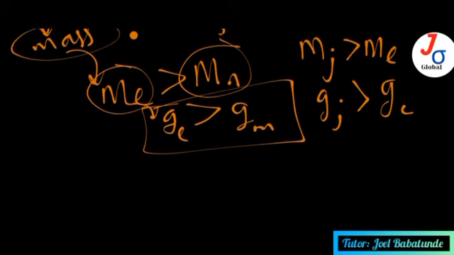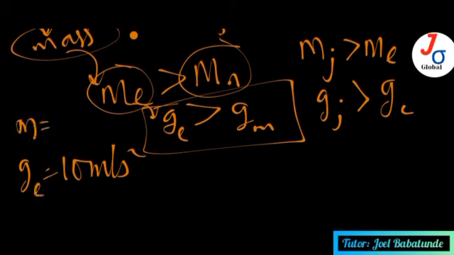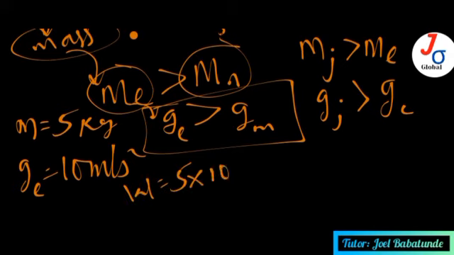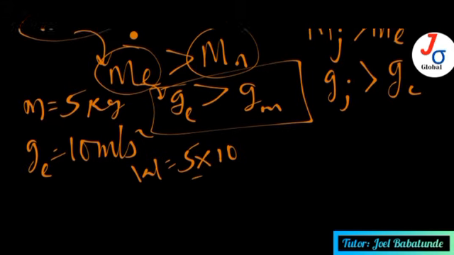And if you take an object away from the Earth, where it has about 10 meters per second squared acceleration due to gravity, and you take it to the moon, let's say the mass of that object is about 5 kg. What's going to be the weight on the Earth? The weight on the Earth is m times g, 5 times 10, that's about 50 newtons.